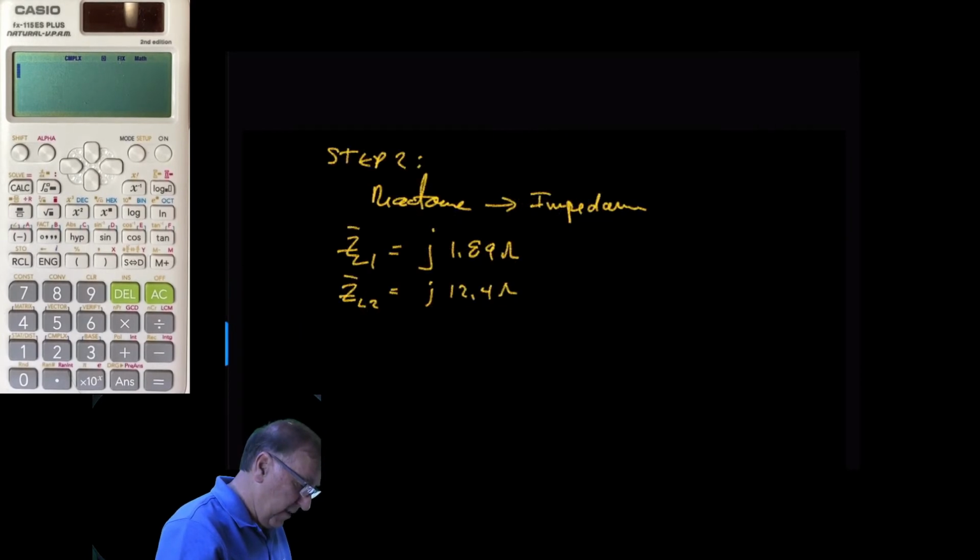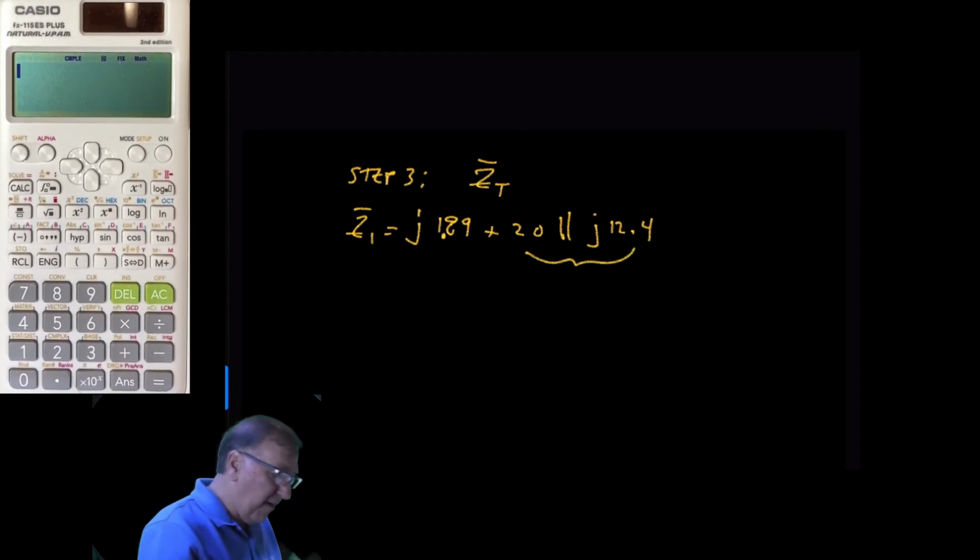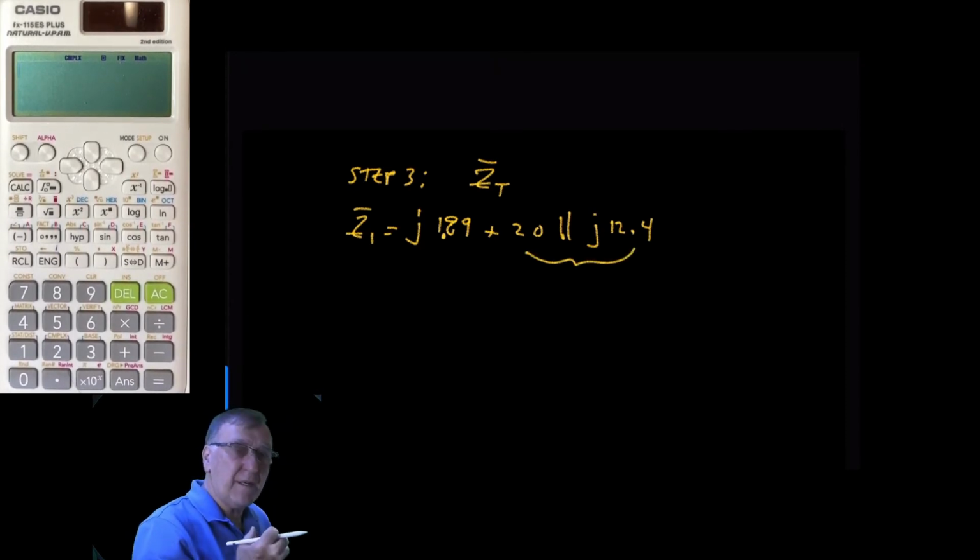So we can write that as 20 ohms, which is the resistor, and that's in parallel with the impedance of the second inductor, which is j12.4. So the way we want to attack this, we want to solve this first to simplify and combine those two elements, because then we can say that it's just two elements in series with one another, and that's easy to solve.